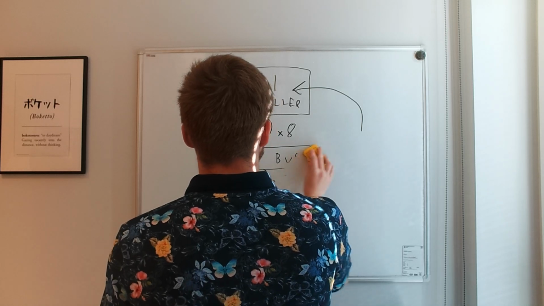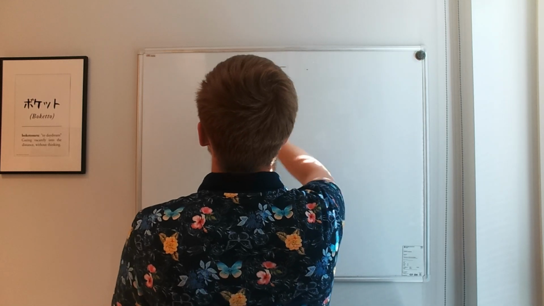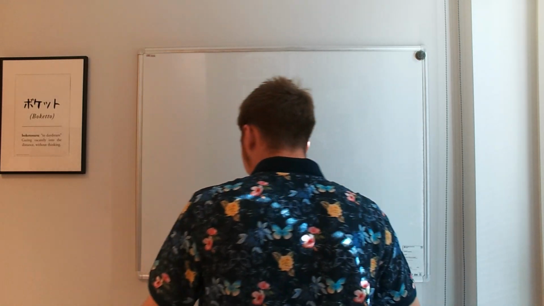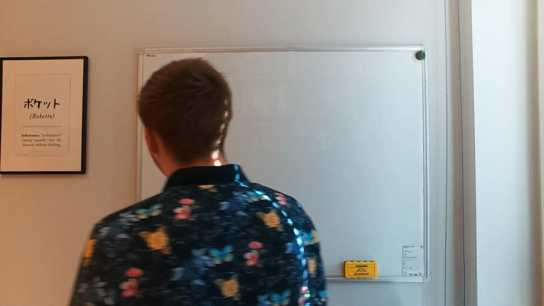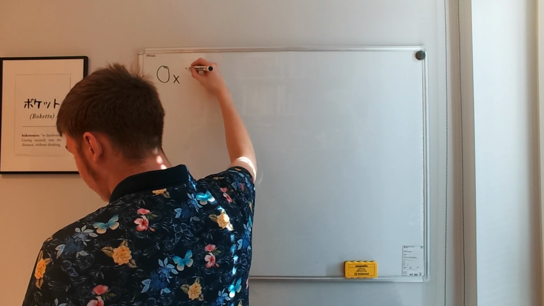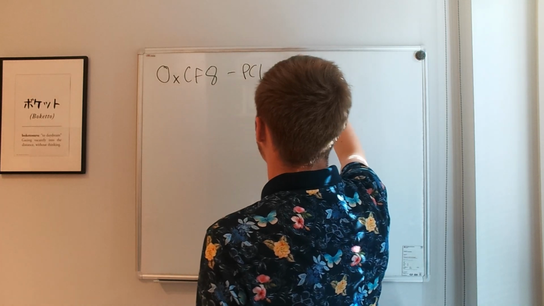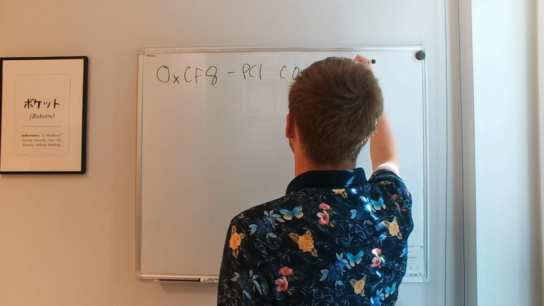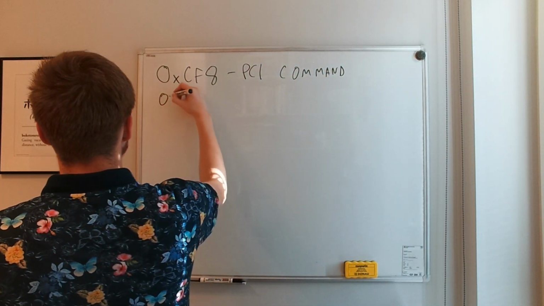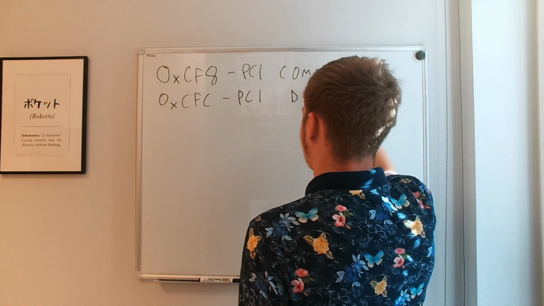So the PCI controller obviously has a command and data port, as any other controller. In hexadecimal, the PCI command port is CF8. So that's the PCI command port. And CFC is the PCI data port.